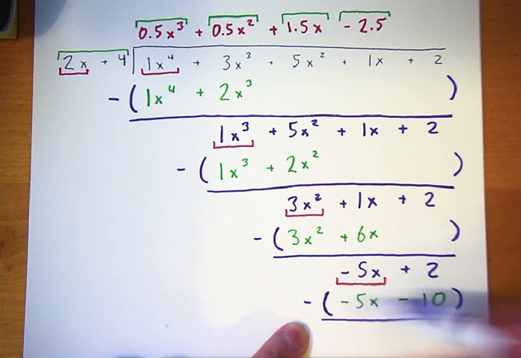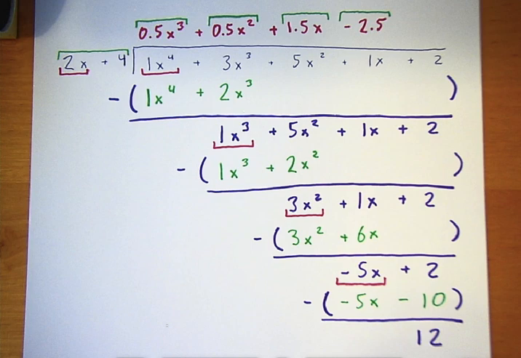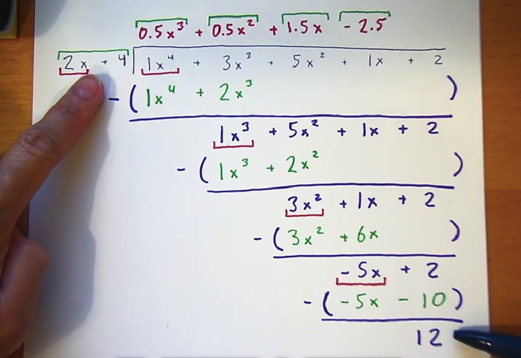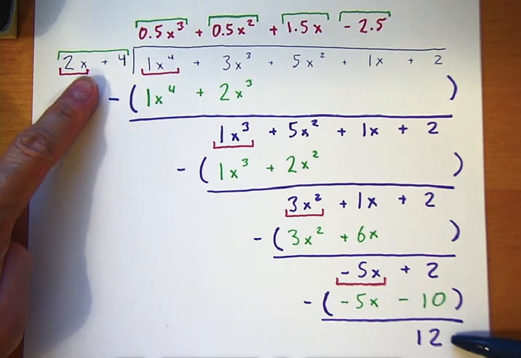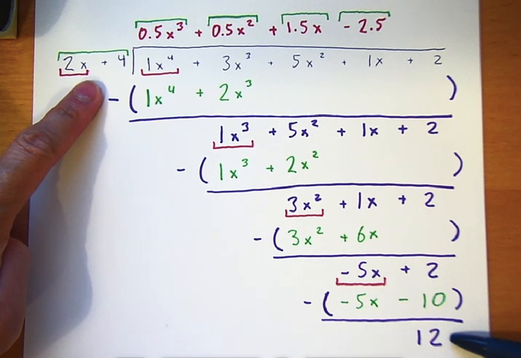So 2 subtract negative 10 is 12. All right. At this point, my remainder, 12, has a smaller degree than my divisor. 12 has a degree of 0, because this is 12x to the 0. And this has degree 1. So I stop when my remainder has a smaller degree than my divisor.